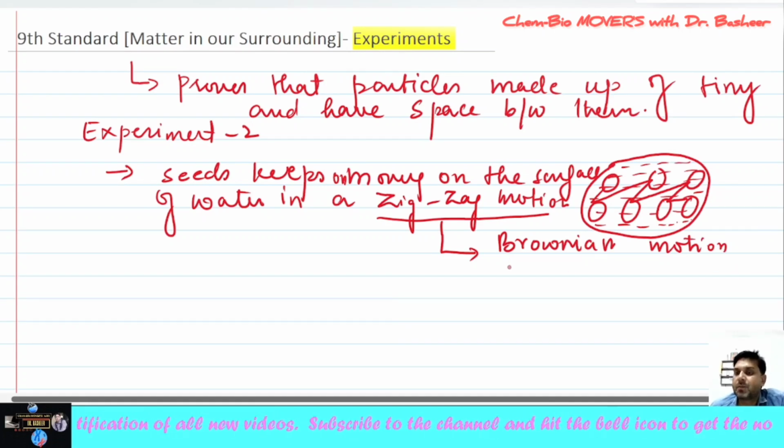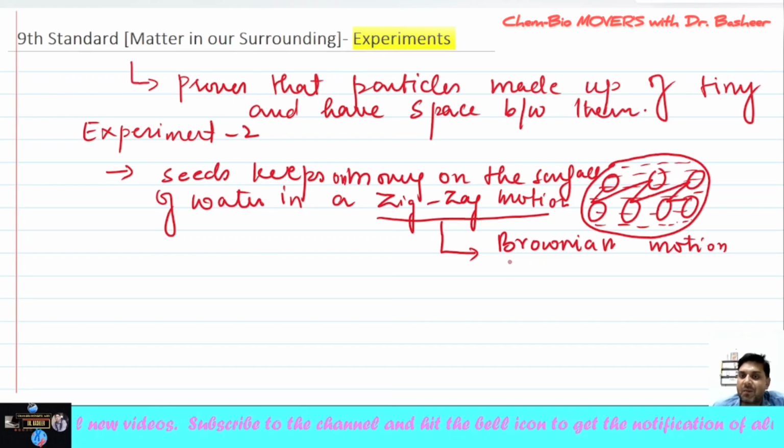So if someone asks what is Brownian motion, you can say the same thing, zigzag motion. Both words are different but the answer is the same.